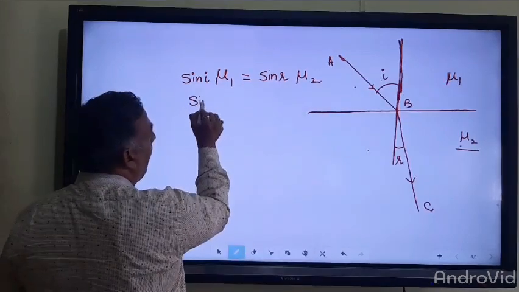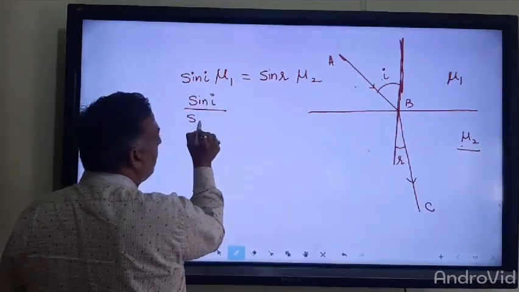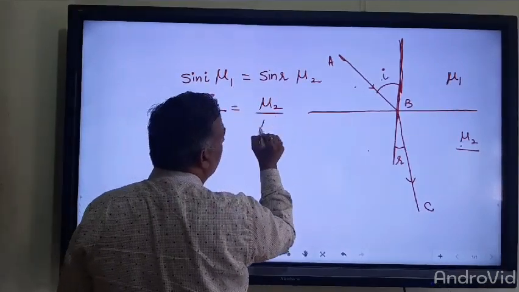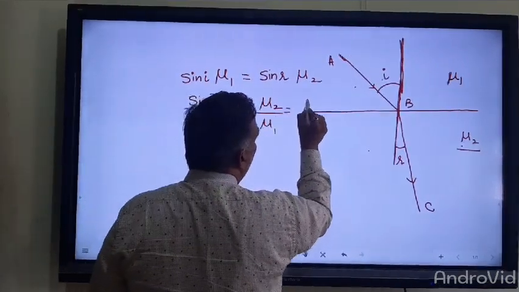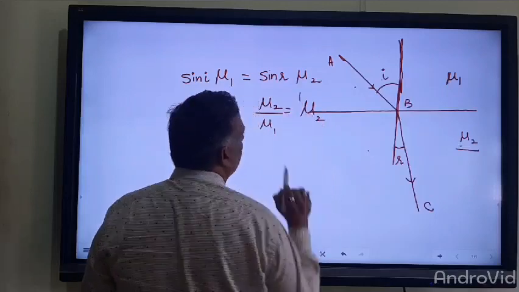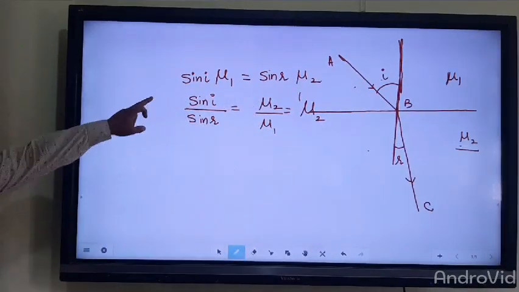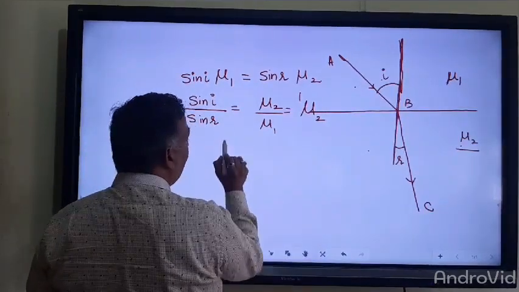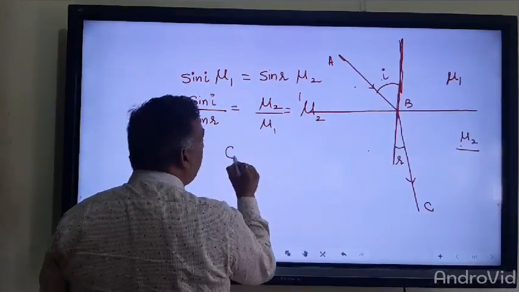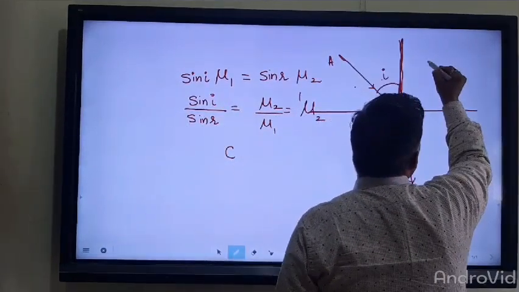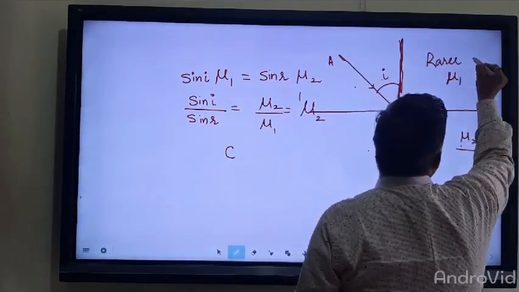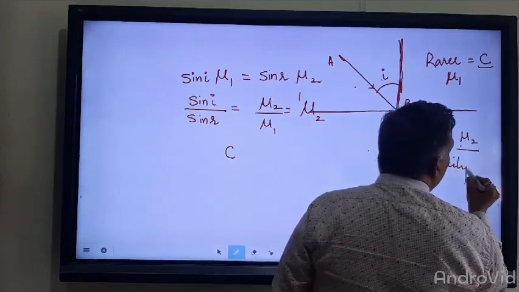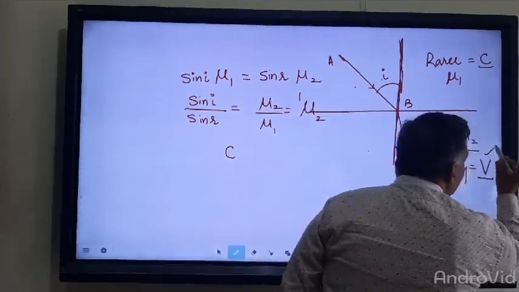So sine i upon sine r is the refractive index of 2 with respect to 1. So you can write down refractive index of 2 with respect to 1 is equal to sine i upon sine r. Similarly, here in this case, the velocity of light in the rarer medium is c and the velocity of light in the denser medium is v.